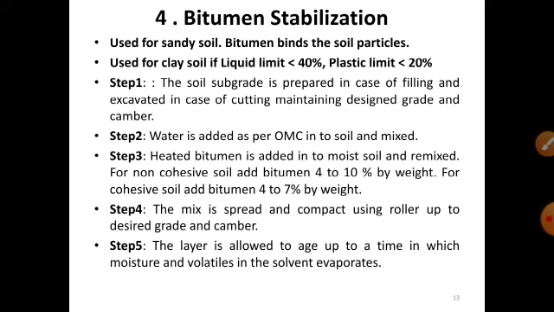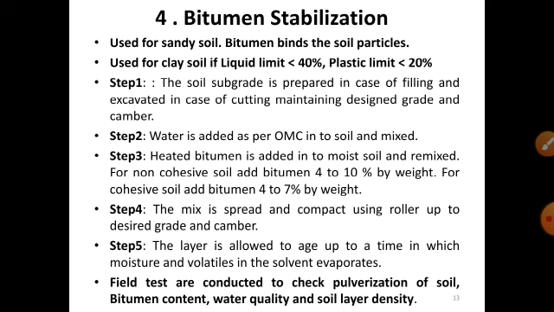The bitumen is used by adding some solvents so it can be used in liquid form. Field tests are conducted to check pulverization of soil, bitumen content, water quality and soil layer density.